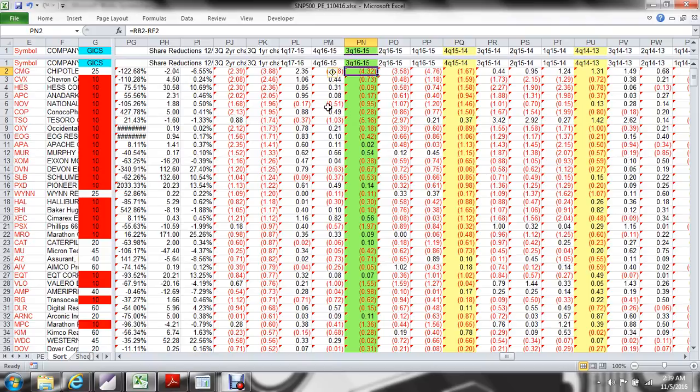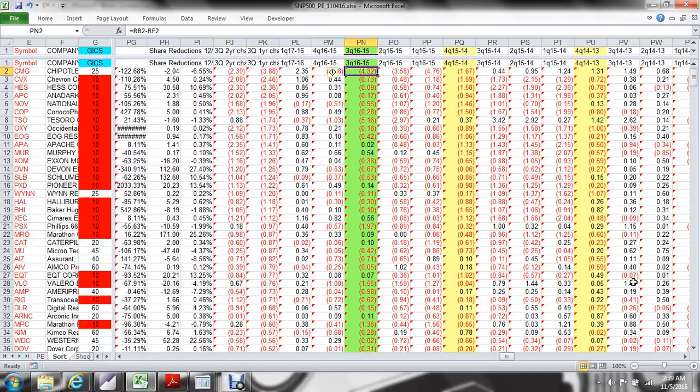Now, this is sorted by this row first. Okay. Now this row here says this is taking the current quarter's earnings and adding it to last year's earnings, or increase or decrease, and then we get a number. There's an increase, so this number is a little bit less.